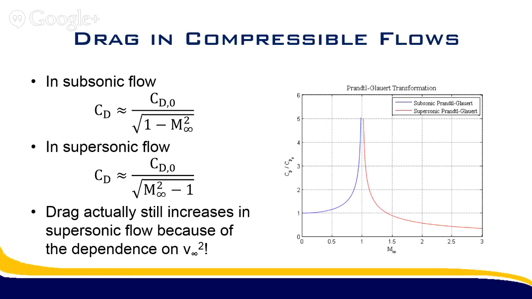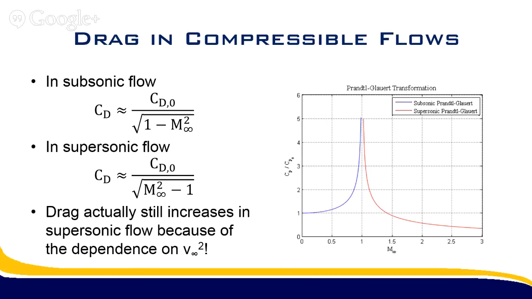But they have a really good approximation that basically states that in subsonic flows, the drag increases by a factor of 1 over the square root of 1 minus the Mach number squared. And in supersonic flow, just flip the 1 and the Mach number squared, and that describes how the drag increases with that, or as it maybe decreases.